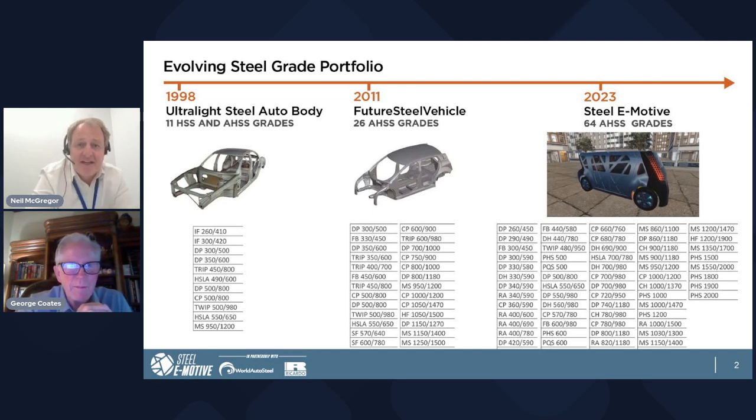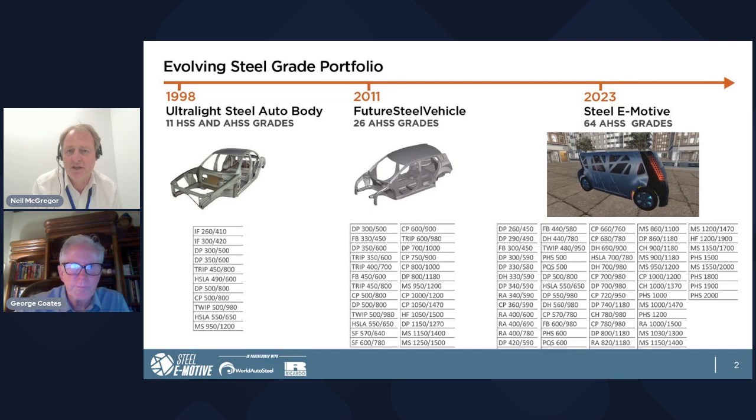Going back to the formability diagram, it gives us a fantastic array of materials to choose from. We can use the right material in the right place. Although 64 grades looks overwhelming, I think in the final design of the body in white, we used 18 distinct or unique steel grades.